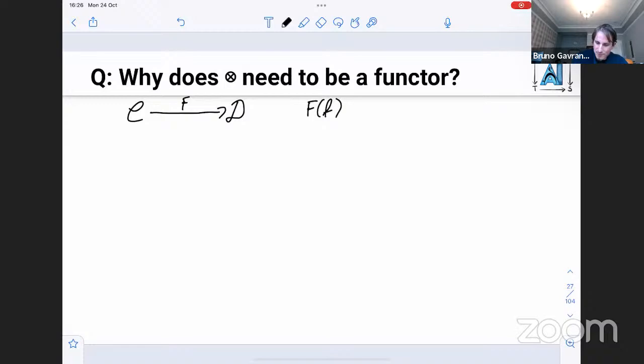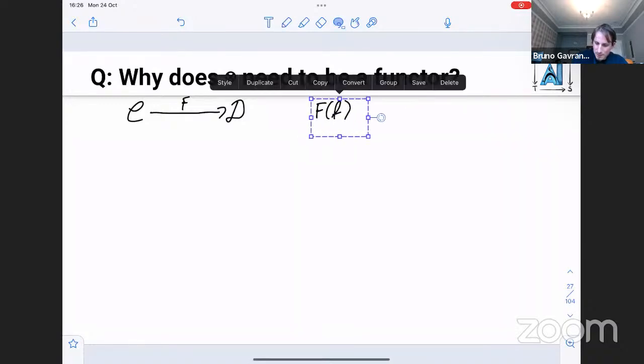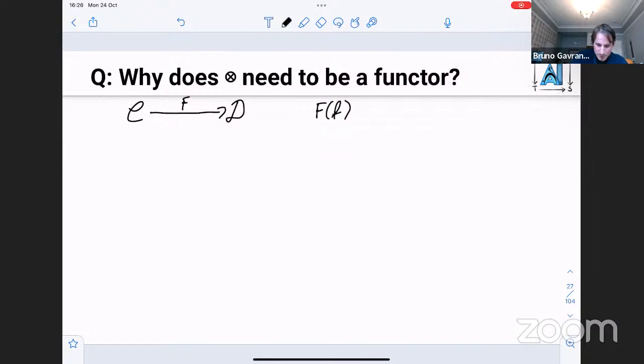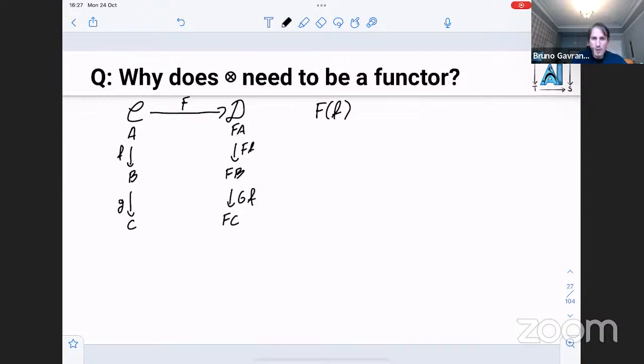So let me just draw these morphisms. I have A, B, and C, and let's say I have two morphisms F and G. Then this functor is going to map A to F of A, B to F of B, and C to F of C, and this morphism to F of F, and this is going to be mapped to F of G. Now, a functor needs to satisfy particular axioms that you might remember, one of which is this one.